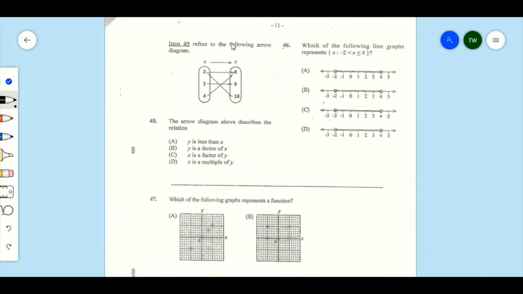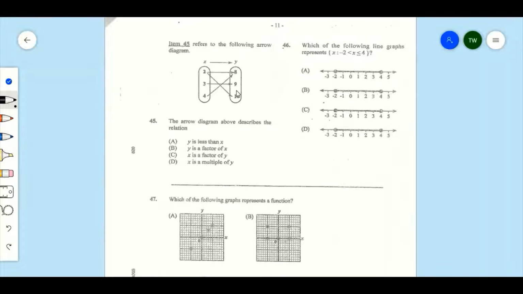Item 45 refers to the following arrow diagram, right? So clearly we can see that x is mapped onto y. It says the arrow diagram above describes the relationship. First option A, y is less than x. Let's look at it.